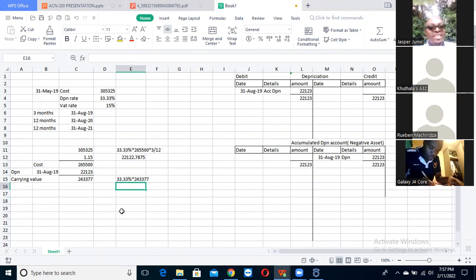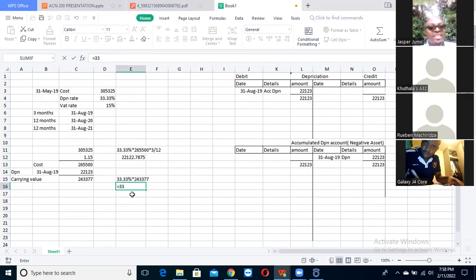So at the end of the period of 2019, we were holding a non-current asset which was worth 243,377, and it was no longer 265,500 rand because we have adjusted for depreciation in order for us to show the true and fair value of the business.